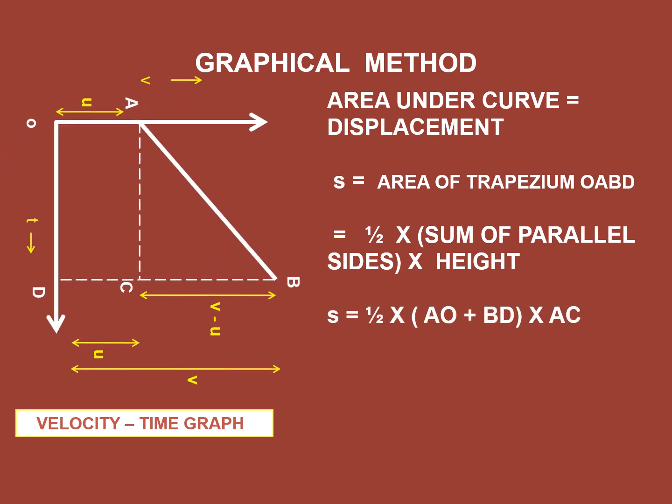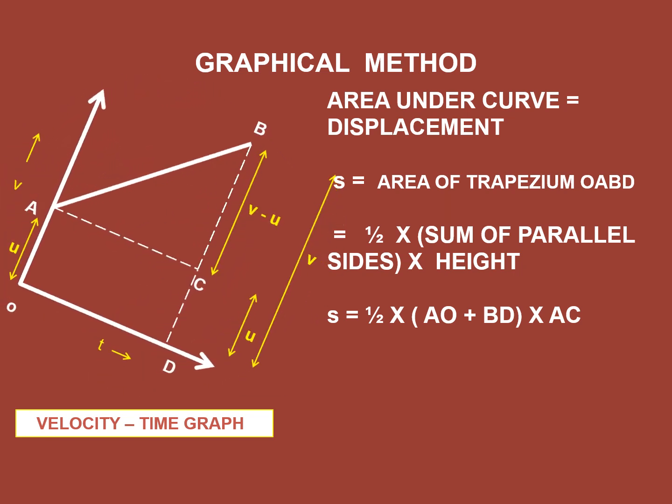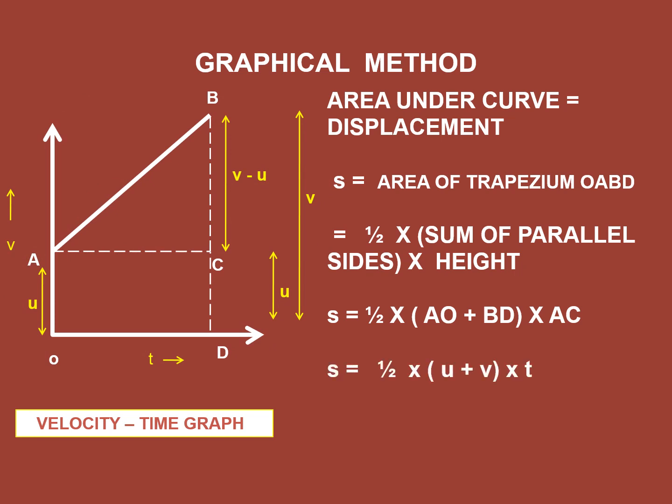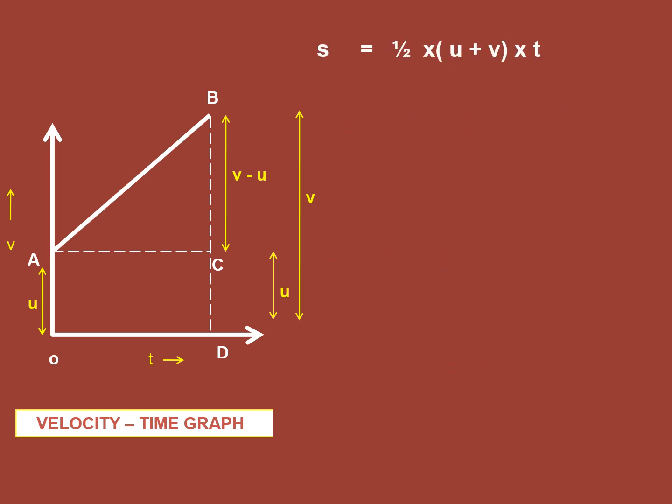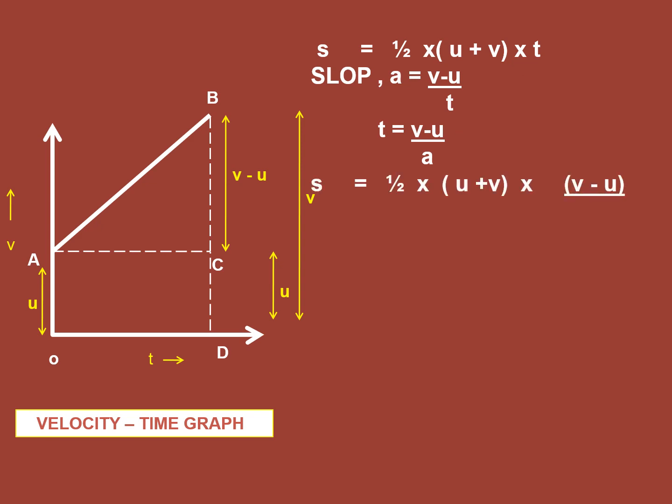AO and BD are parallel sides and AC is the height of the trapezium. Putting values of AO, BD and AC, we get s equals to 1 by 2 multiplied (u plus v) multiplied t. Using the slope of the curve, we get t equals to (v minus u) upon a. Putting this here, we get s equals to 1 by 2 into (u plus v) into (v minus u) upon a.